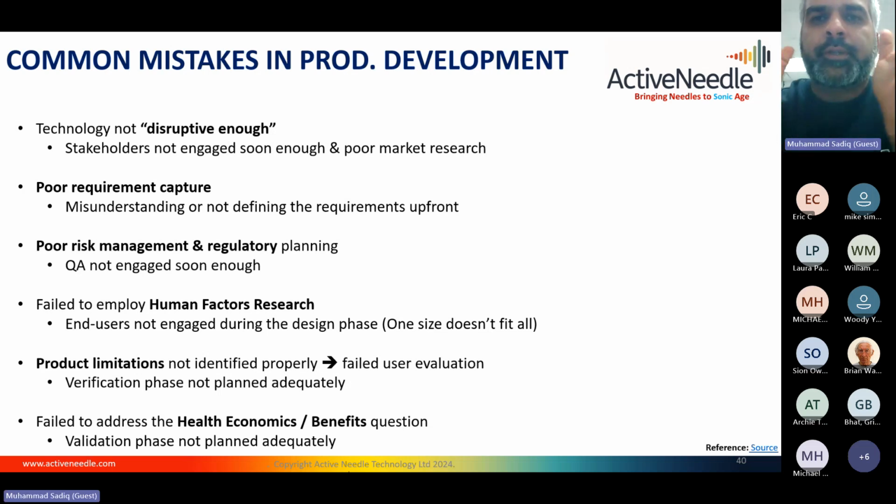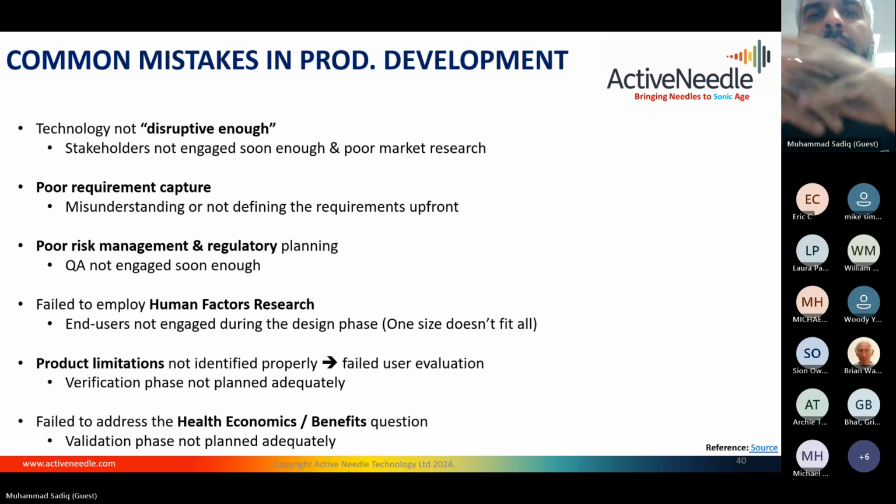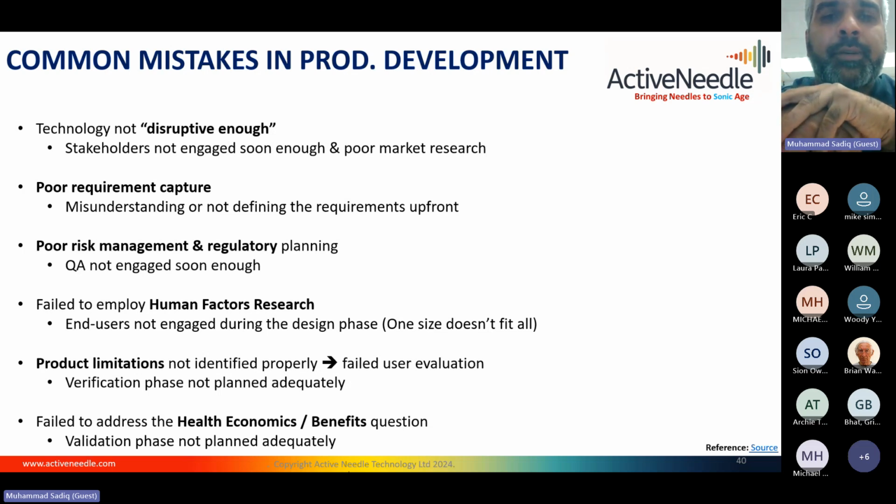Obviously you've taken the end user into account, which is very good, but the healthcare provider, as I said, is the buyer for the device that you develop, and they would be interested in knowing the benefits when it comes to cost savings and from the patient perspective. So when planning the validation testing, human trials, etc., you have to make sure that you have taken that point into account.